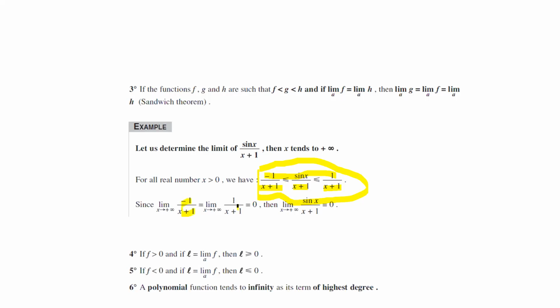The second one, 1 over x plus 1 as x tends to plus infinity, is also 0. Then sin x over x plus 1 is between 0 and 0. Then the limit of sin x over x plus 1 as x tends to plus infinity equals 0. We call this the sandwich theorem.